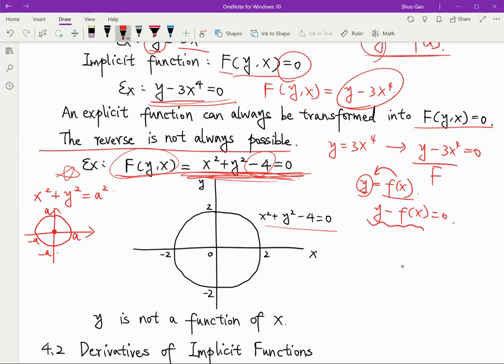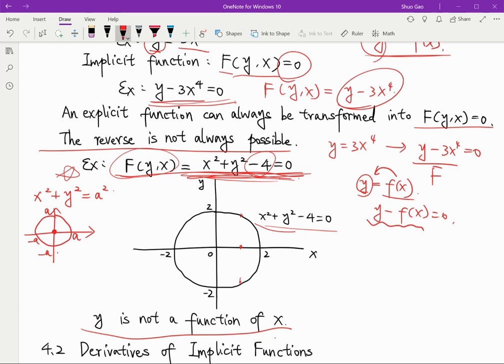So based on the definition of a function, we know that y is actually not a function of x, right? Because for any given x, there are two y. So x does not uniquely determine y, so y is not a function of x.